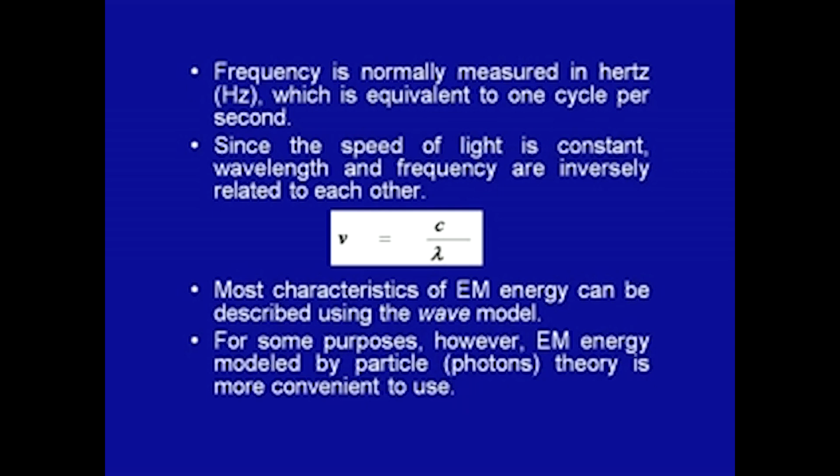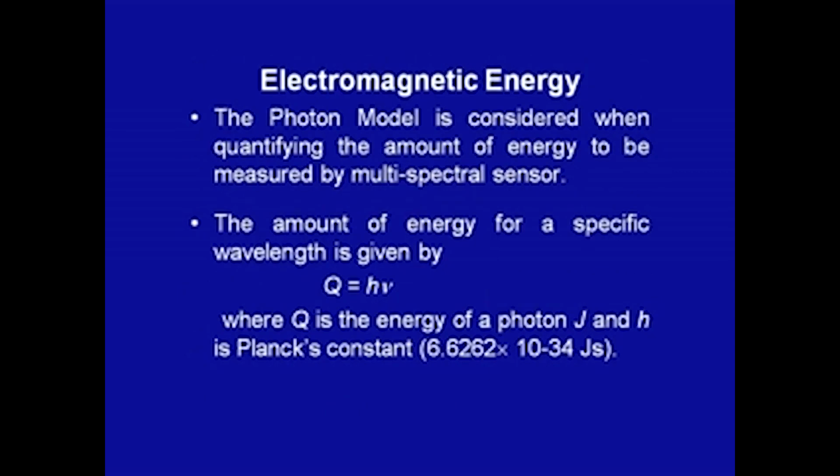For some purposes, however, electromagnetic energy modeled by particle, that is the photon theory, is more convenient to use. The photon model is considered when quantifying the amount of energy to be measured by a multispectral sensor.